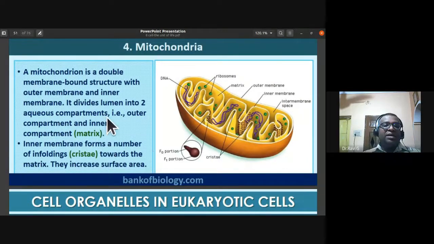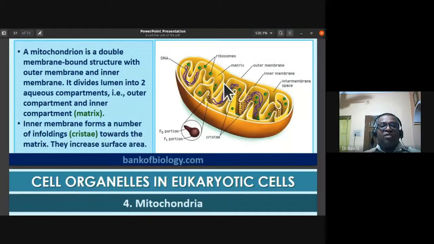The inner membrane forms a number of infoldings. The outer membrane doesn't have any finger-like infoldings. The inner membrane forms a number of finger-like foldings, which we call cristae, towards the matrix. They increase the surface area. Why should they have this finger-like folding? To increase the surface area.